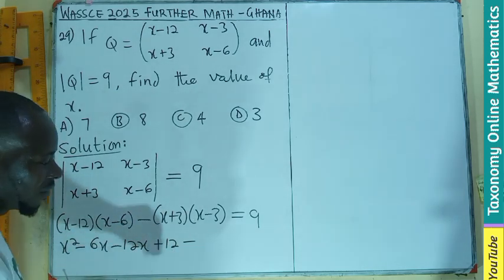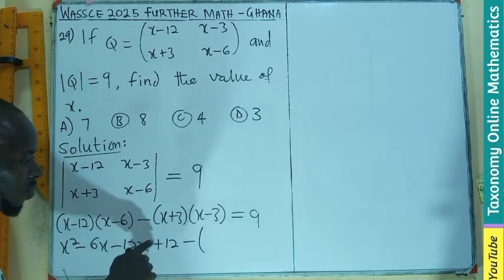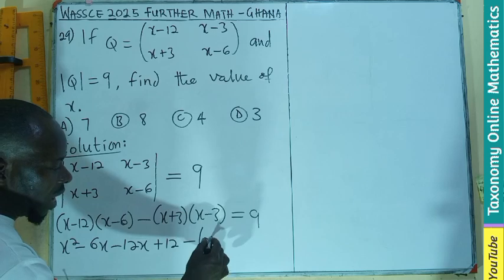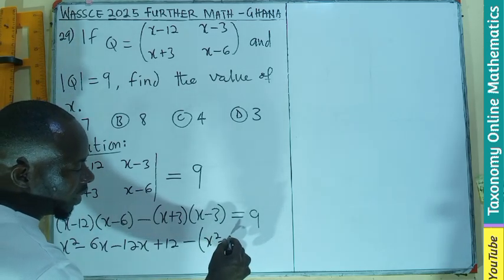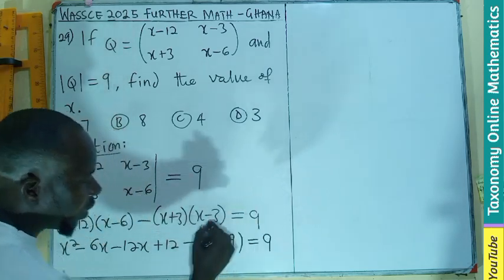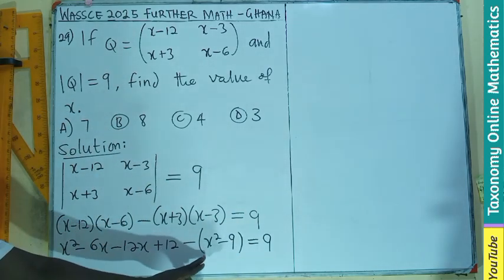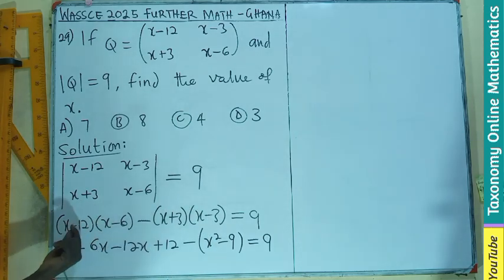72. If you look, this is the difference of two squares. So this is going to be the first term squared minus the second term squared. That will be 3 squared, 9, and that will be equal to 9. Now, this bracket is important because the whole of this product is taken away from the first one.